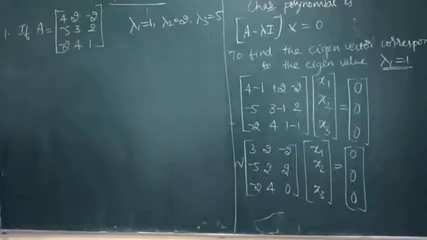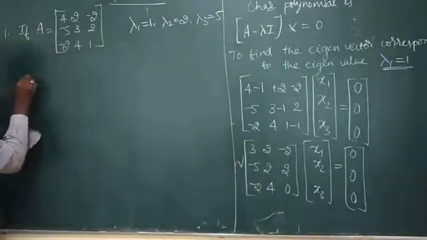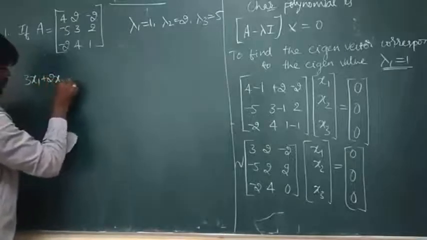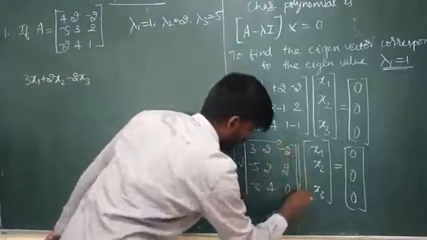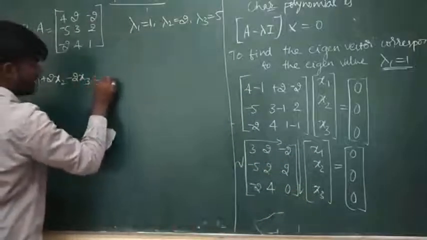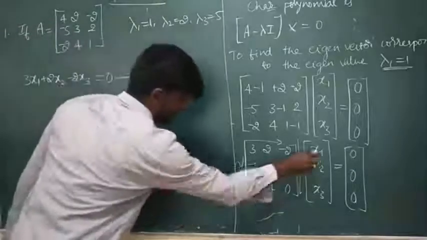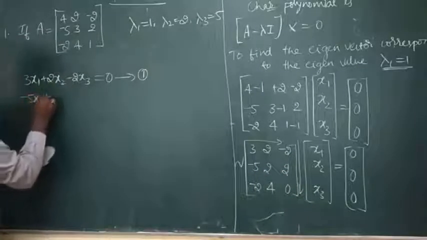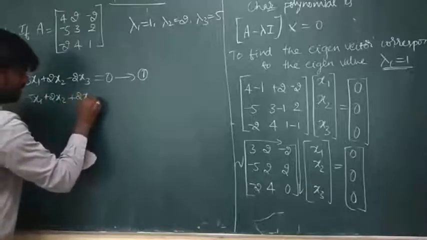So now we multiply these two matrices. Therefore, 3x1 plus 2x2 minus 2x3 from the first row, which is equal to 0.